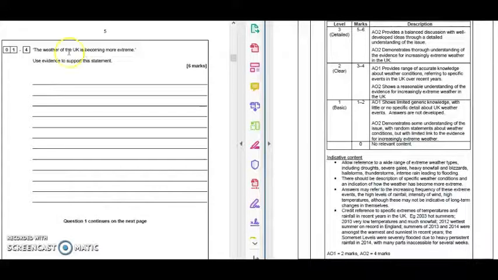It's quite a tricky one, this question, in terms of finding out where the balance is. So what we ideally would be after for the top marks is saying, yes, there's been the Boscastle flood, yes, we have the Beast of the East and the European heat wave. However, does this show that the UK's weather is becoming more extreme? Well, it might do, or these might just be one-off events and not pointing to any long-term pattern.